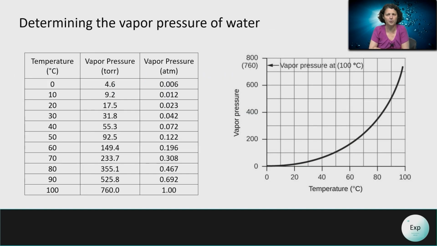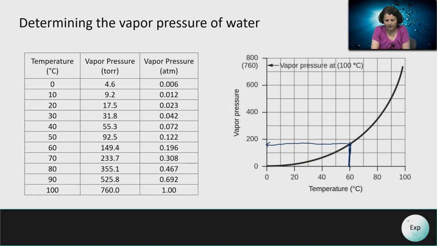To determine the vapor pressure of water, we can turn our attention either to some of these vapor pressure curves, in which we can take the temperature at which the reaction is occurring, let's say 60 degrees Celsius, and then we can reflect it on the y-axis and estimate the vapor pressure, sometimes in millimeters of mercury, sometimes in torrs, sometimes in atmospheres.